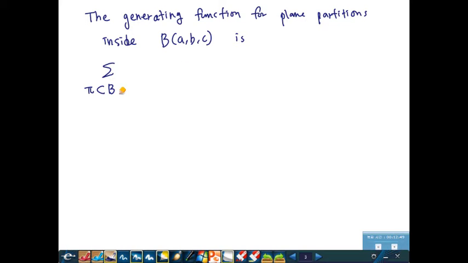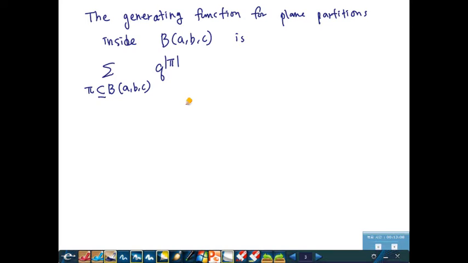that I will just write something like this. That means we can think of a plane partition as a set of coordinates, right? So as a set, it is a subset of this, which is also a set of coordinates. Q to the size of pi.